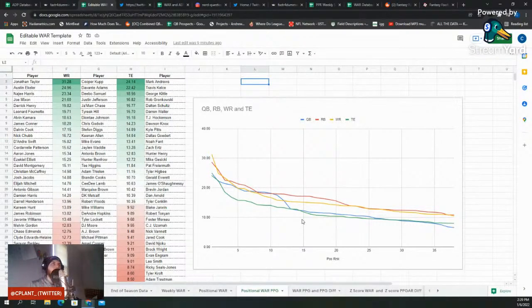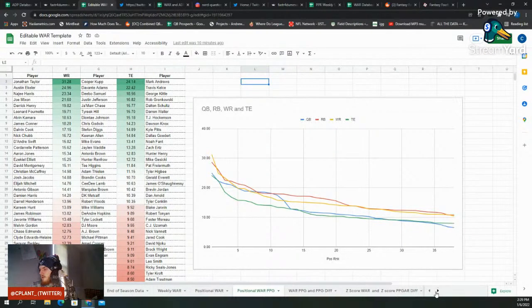But that's not giving you the full picture, because points per game, like I said, is a flawed metric in and of itself. When you use WAR, you can clearly see the top 12 or so are pretty solid, and then boom, it just dips off, and after that it's a quarterback wasteland.